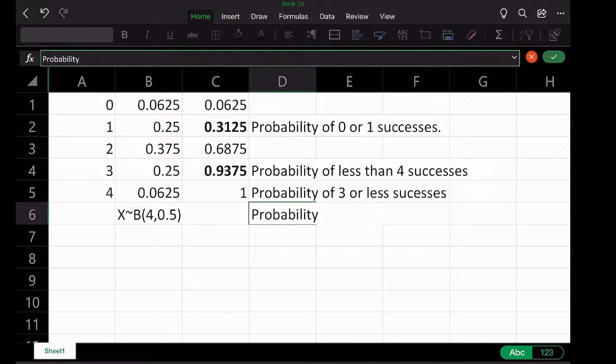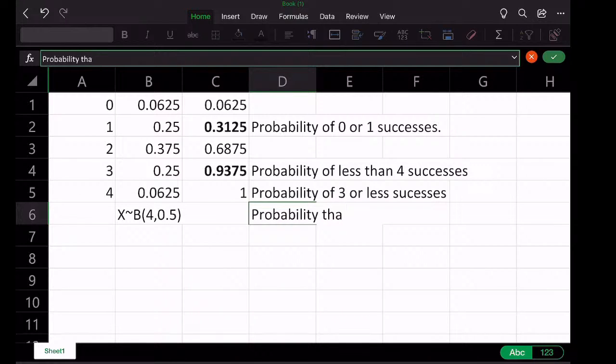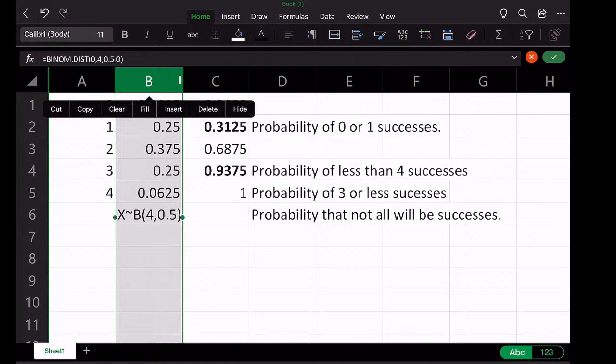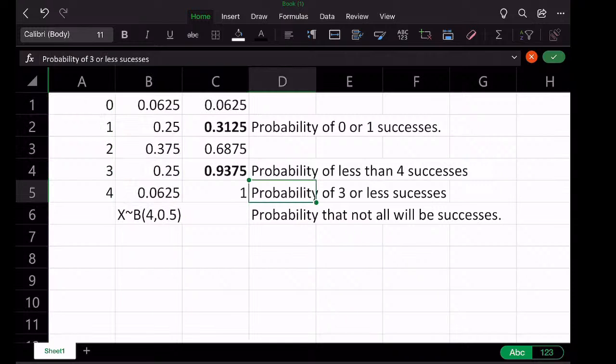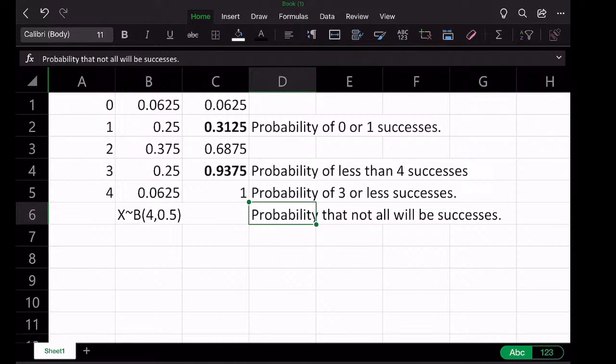Probability of, okay, that not all will be successes. Successes. Wow, what a word. Okay.